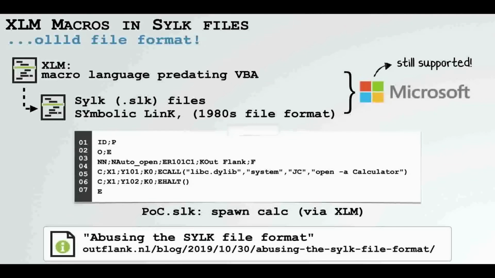So as I mentioned, the researchers found that they could create these XLM macros in these SYLK file formats that would be automatically executed, ironically, if the user had set never run macros to true. The researchers published some great details about these older formats and some of their findings. So if you're interested, I've posted a link on the slide to their very thorough technical write-ups.